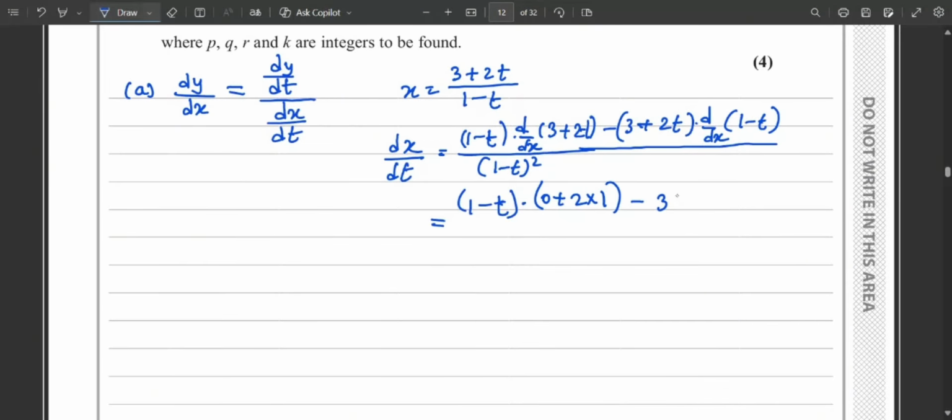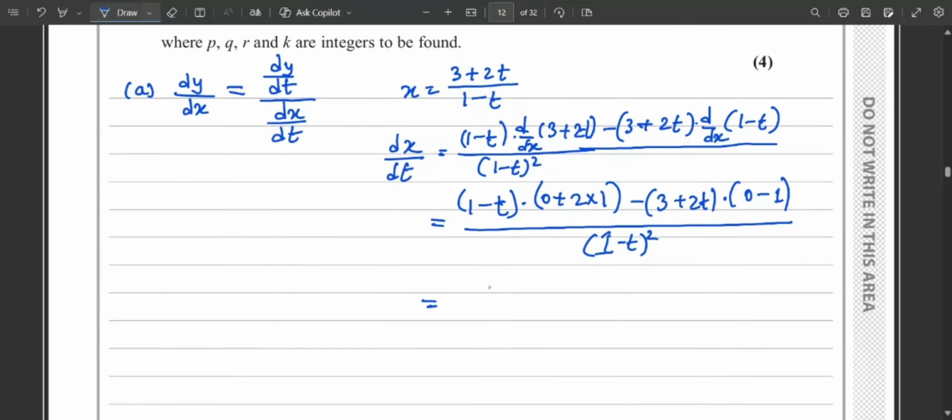Then we have minus 3 plus 2t, multiplied by the differentiation of 1 minus t. The differentiation of 1 is 0, and the differentiation of minus t is minus 1. So here we get 0 minus 1, and the denominator stays the same, which is 1 minus t whole square.